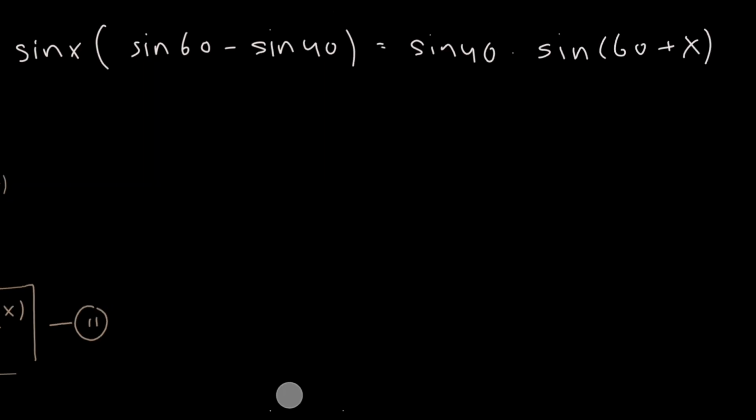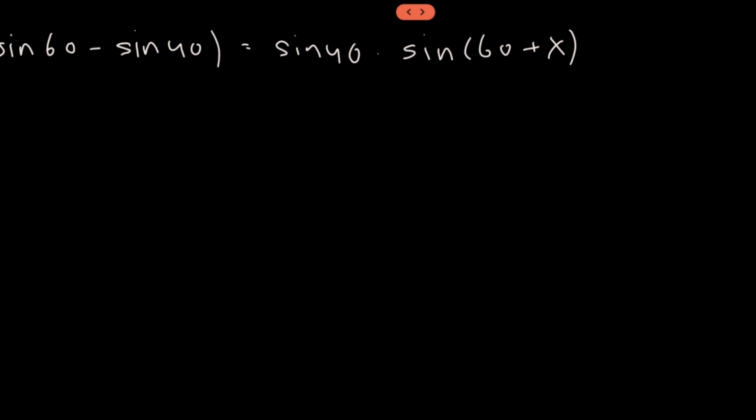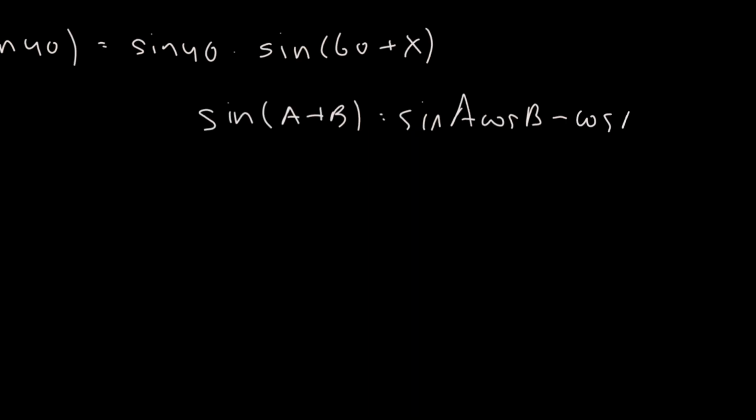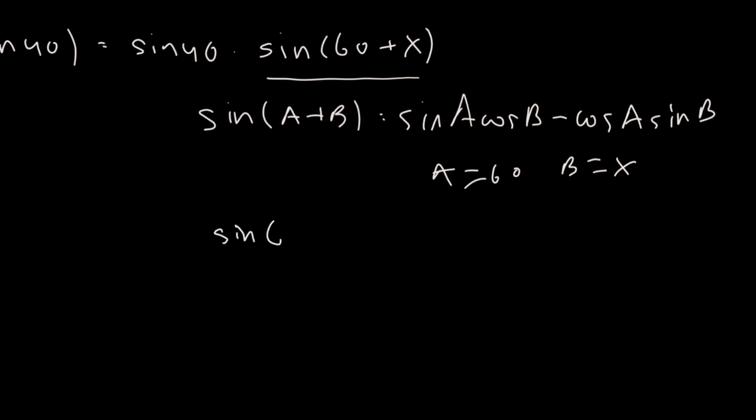Okay. Now we can use the identity of sine of A plus B, that is sine A cos B plus cos A sine B. So in this equation we can take A equal to 60 degrees and B equal to x. We will get the value of sine of 60 plus x equals sine 60 cos x plus cos 60 sine x.